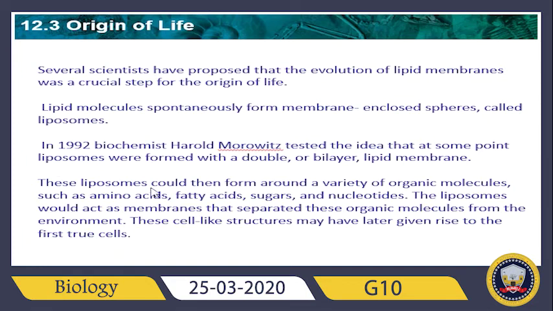These liposomes could then form around a variety of organic molecules such as amino acids, nucleotides, sugars, and fatty acids. The liposomes would act as membranes that separated these organic molecules from the surrounding environment. These cell-like structures may have later given rise to the first true cell.